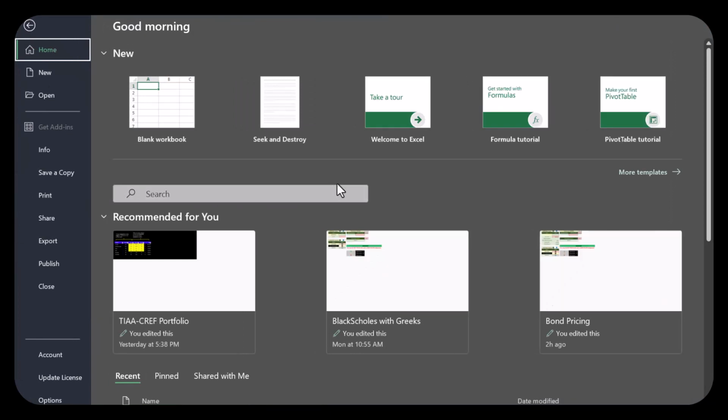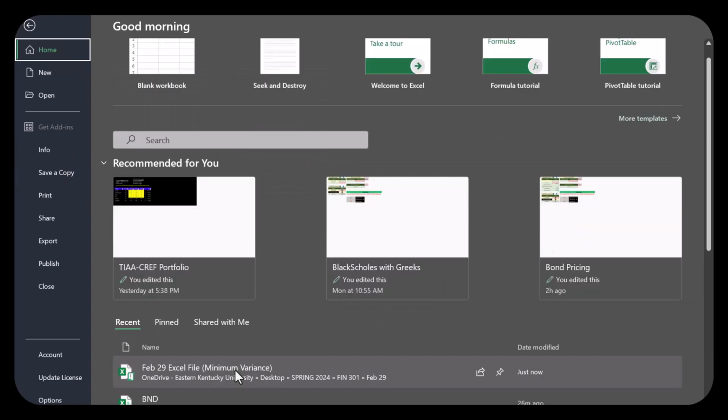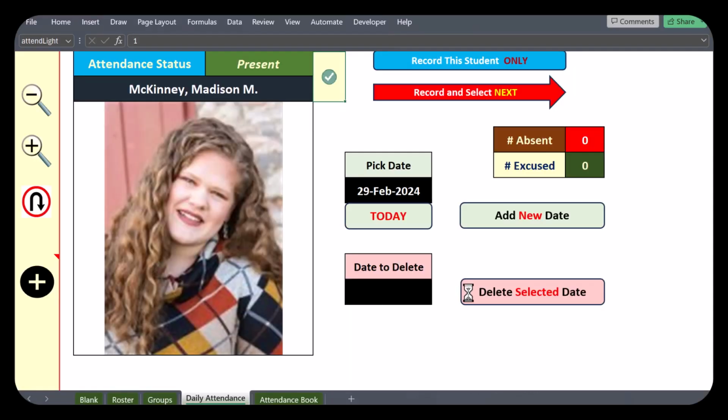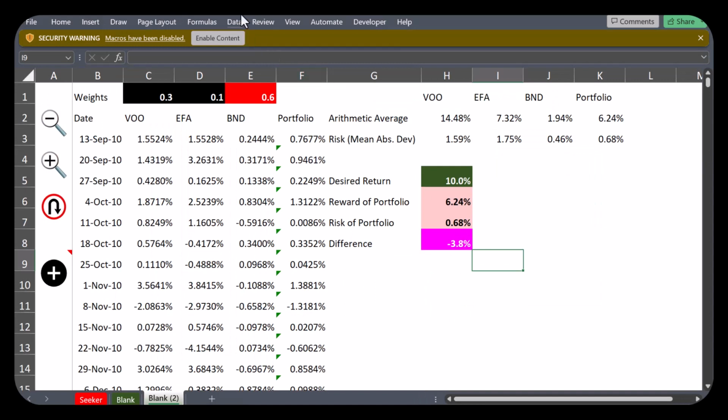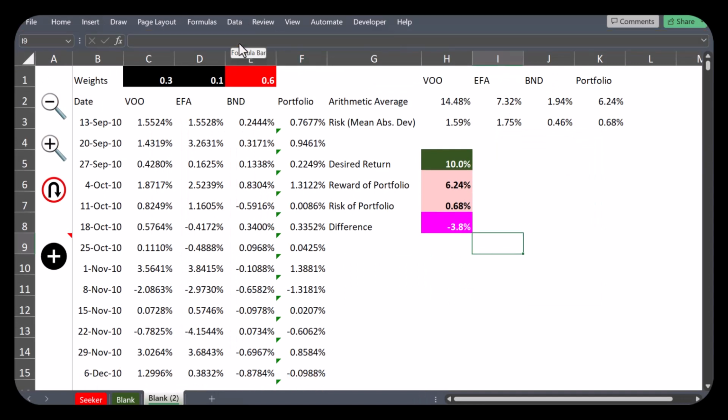All right, I'll wait a little bit for you guys to download it. I know not all of you are going to, but I'm gonna give you the benefit of the doubt.